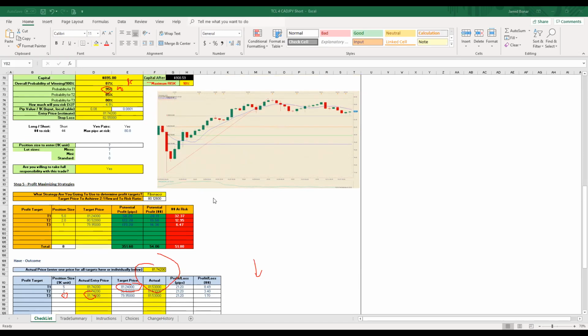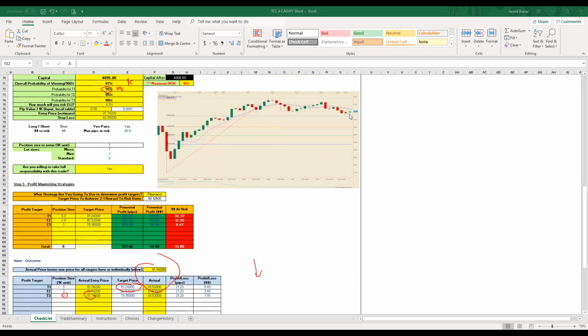What's the current price now of the CAD yen? Current price is 82.79. So this is a short one, right? A short position.